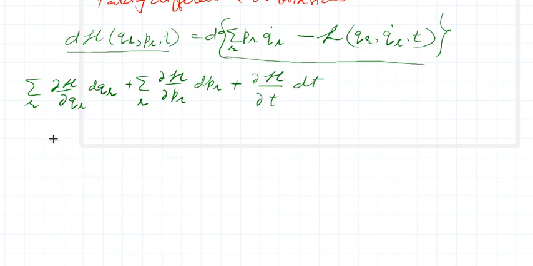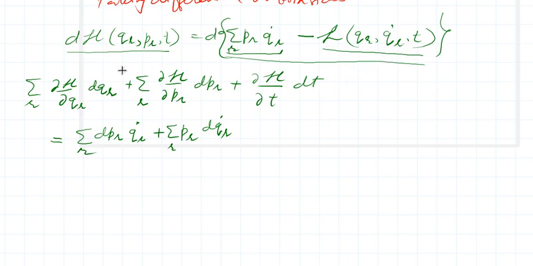This must be equal to summation dPR QR dot as it is, plus PR as it is and dQR dot, summation over R. Let me open this part.